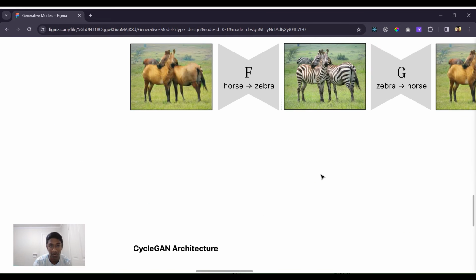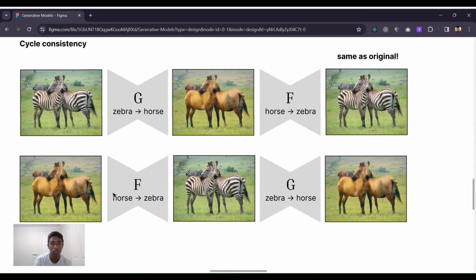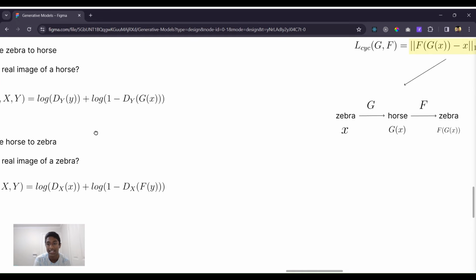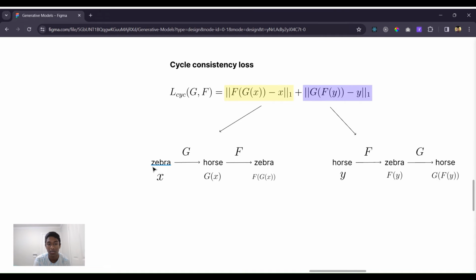If you remember this diagram here, we're taking a zebra, translating it into a horse, and then to a zebra again. So that's exactly what we're doing here. A zebra to a horse to a zebra. We start with the zebra X, we pass it through the generator G, that gives us a translation to a horse, which is G of X. And then we pass G of X to the generator F, and that gives us the result F of G of X, which should be a zebra.